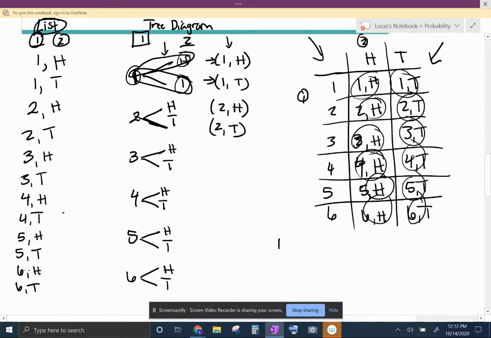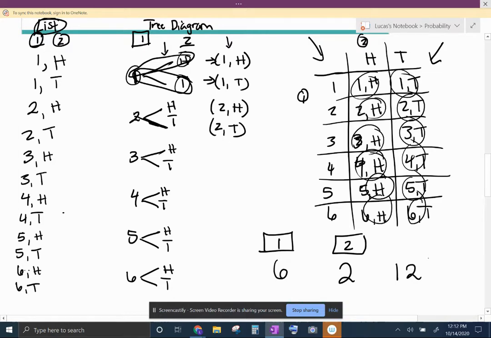Well, the first event has a sample space of 6, and then the second event has a sample space of 2. And our total sample space of these two together is 12.